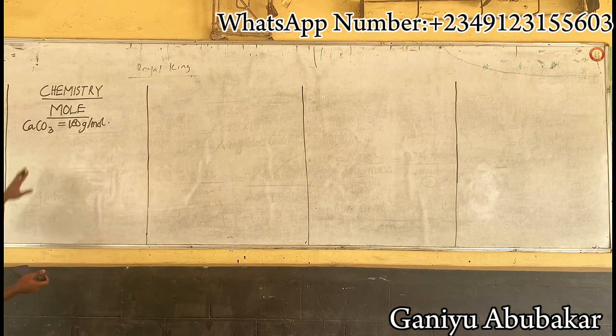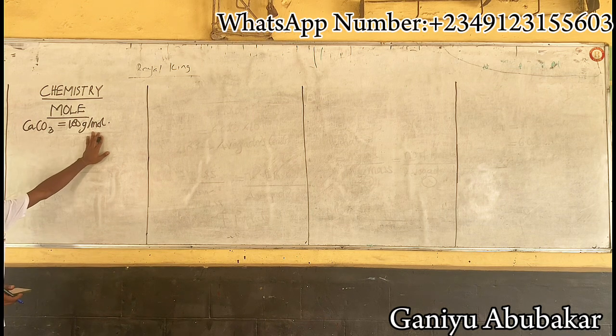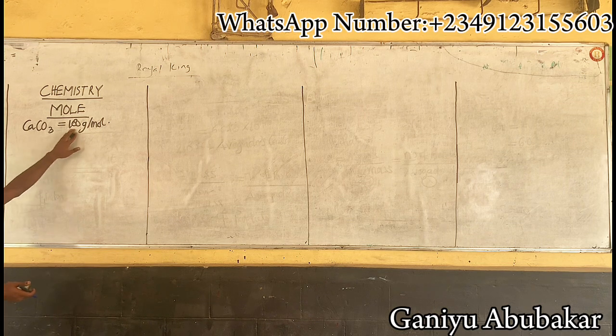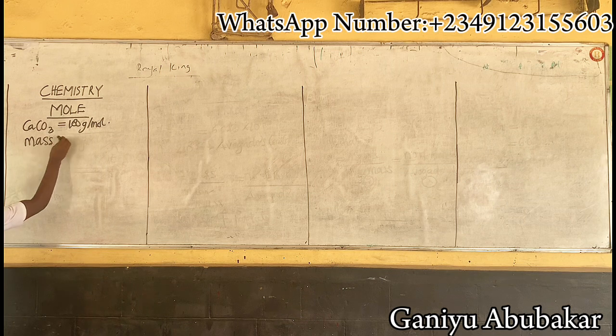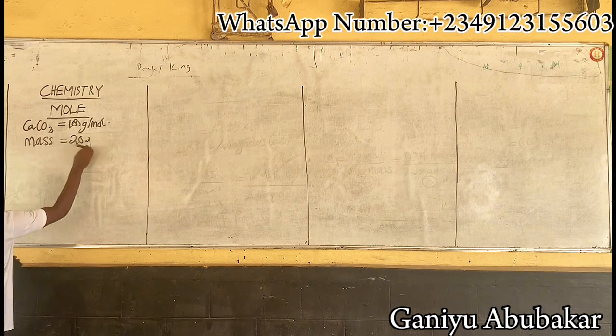So I'm already given the molar mass, or relative molecular mass, of this compound, which is 100 gram per mole. No problem. What next am I given there? It says how many moles are there in 20 gram. I'm given the mass as 20 gram. That's all. So I'm looking for how many moles.